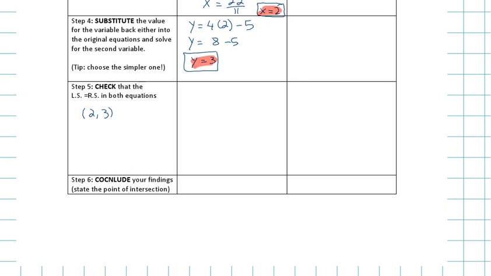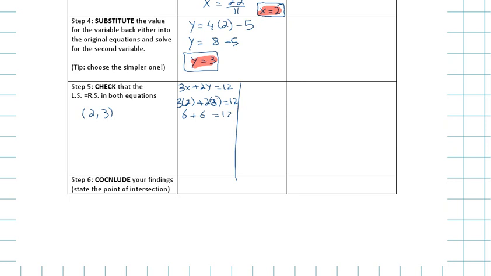So my original equation is 3x plus 2y equals 12. I'm going to replace x with what? And I'm going to replace y with 3. 3 times 2 is 6, plus 2 times 3 is 6. 6 plus 6 is 12.